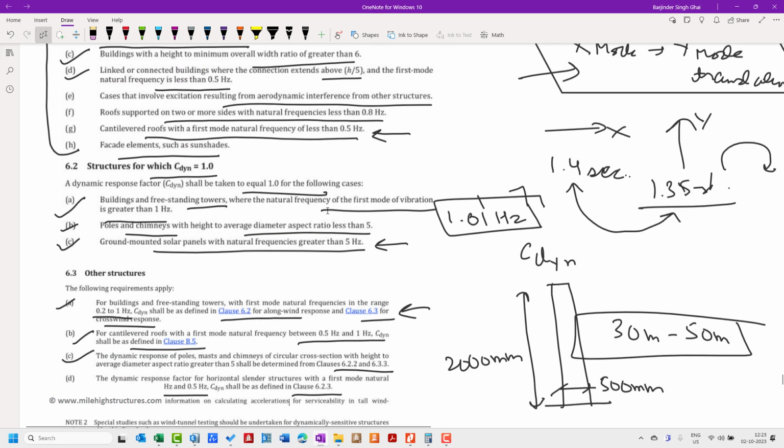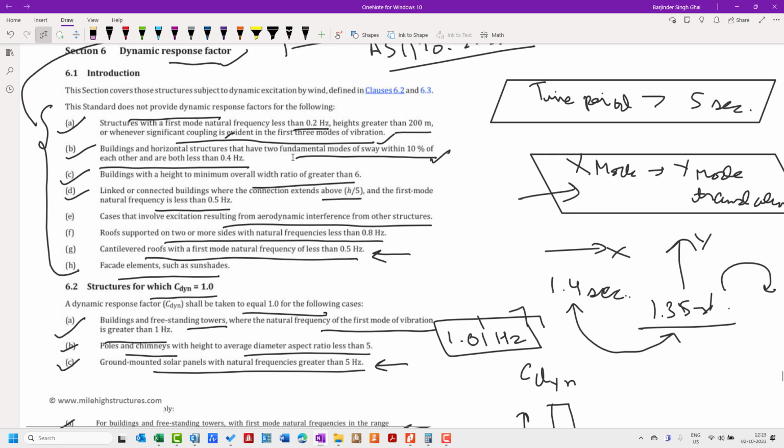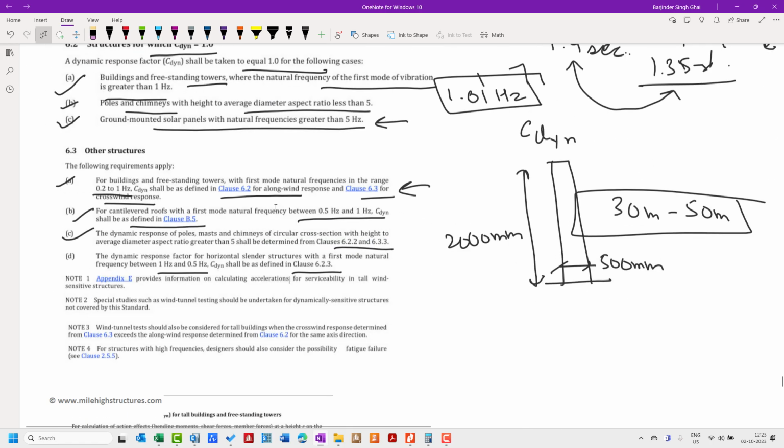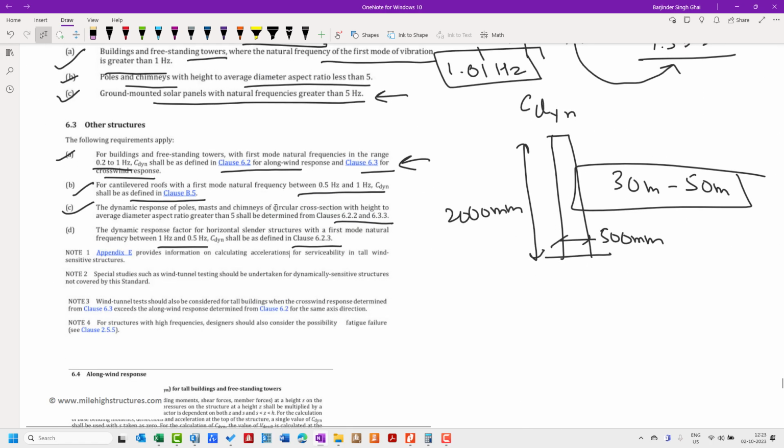Second concept is that whenever you feel doubt that the structure that you are handling or designing is beyond the scope of this particular code, we can always go for wind tunnel testing. That should be considered for tall buildings when the crosswind response exceeds the along wind response determined from the same axis direction.